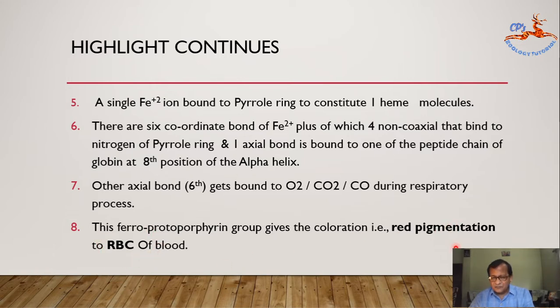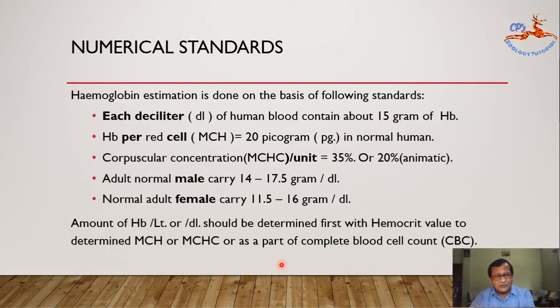Our aim is to estimate the amount of pigment, that is heme protein, and to do that we have to enter into the RBC of the blood. How can we do that? Before we estimate the hemoglobin, we have to know some standard values.